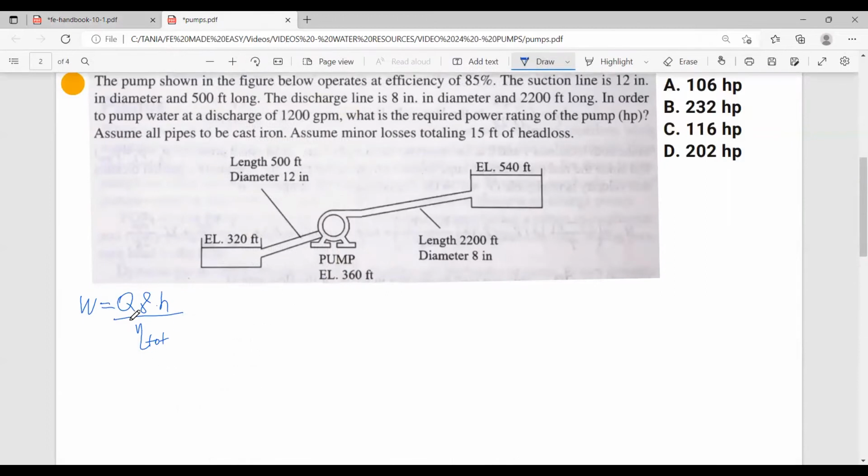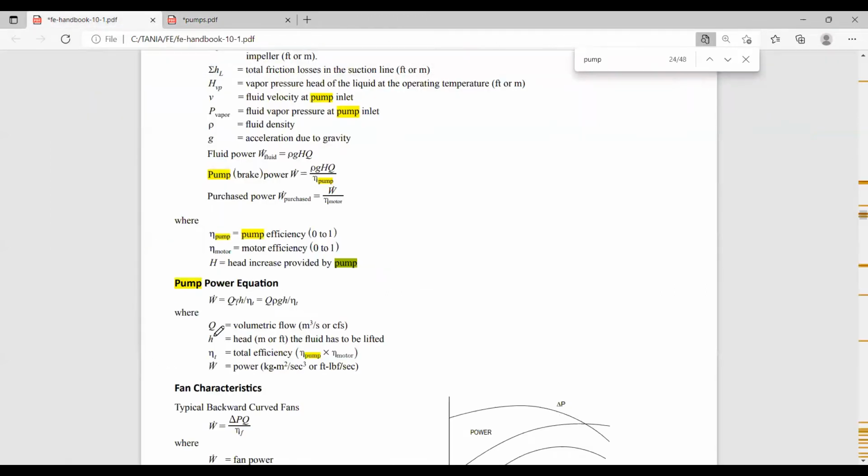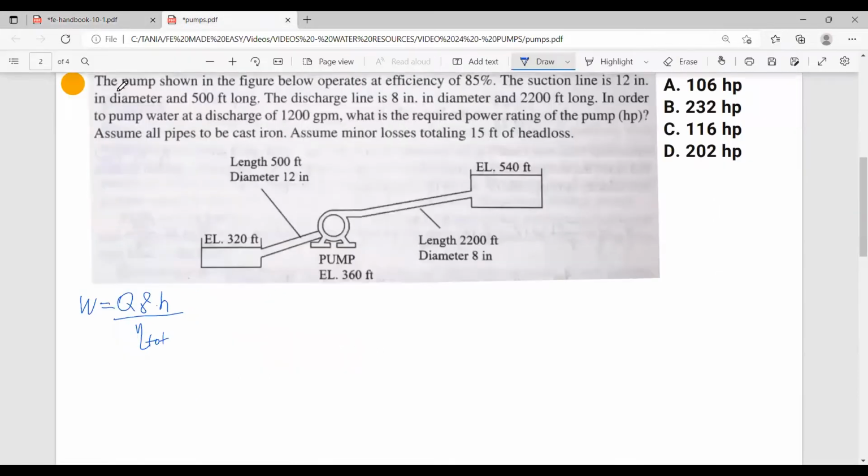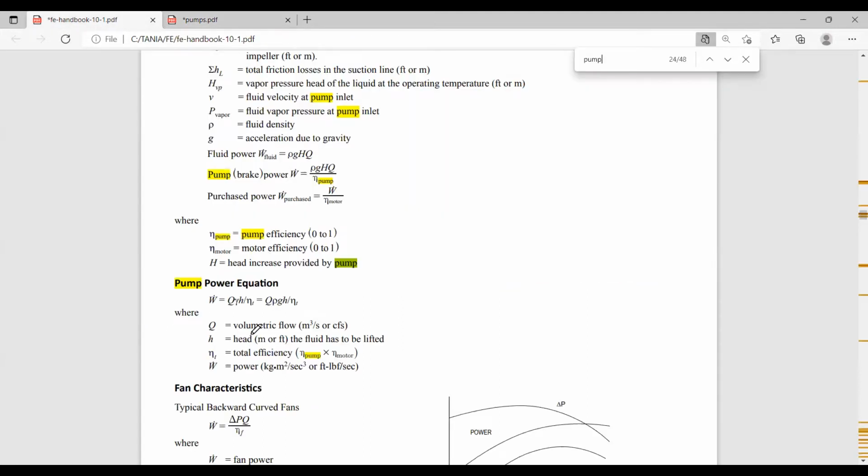So I wrote this formula down and I want to discuss each component of this equation. Q is volumetric flow, which looking at our problem, we're given: pump water at a discharge of 1,200 gallons per minute. And we will have to transform that into cubic feet per second.